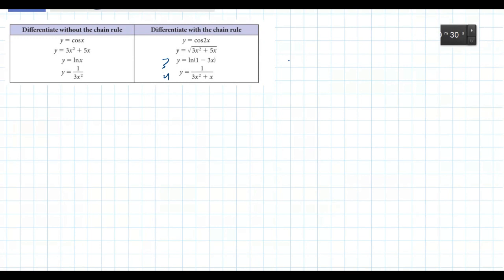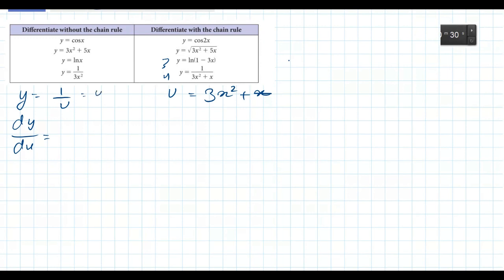Here we have y equals this equation. Then y equals 1 over u, while u equals 3x squared plus x. Then first step to do is to find dy over du. And it becomes here y equals u power negative 1.